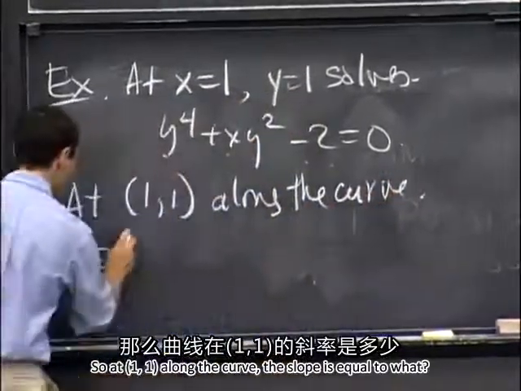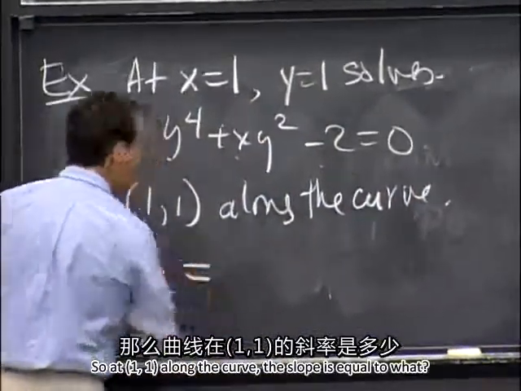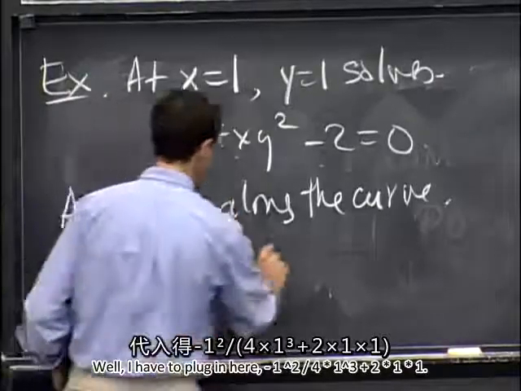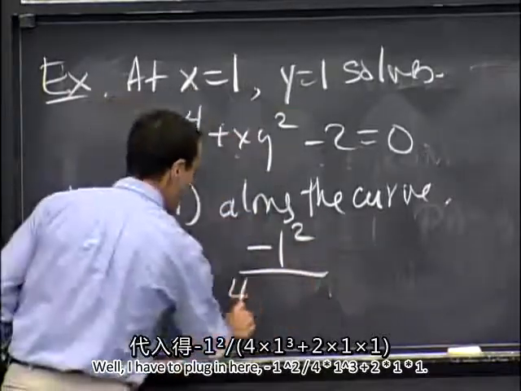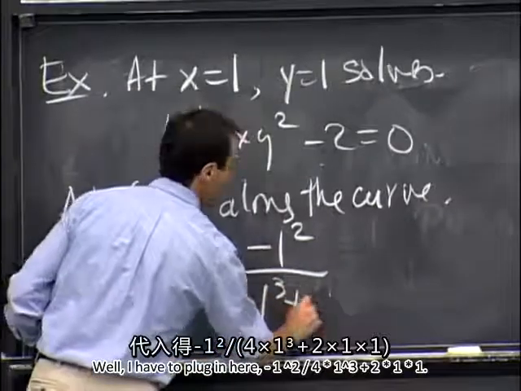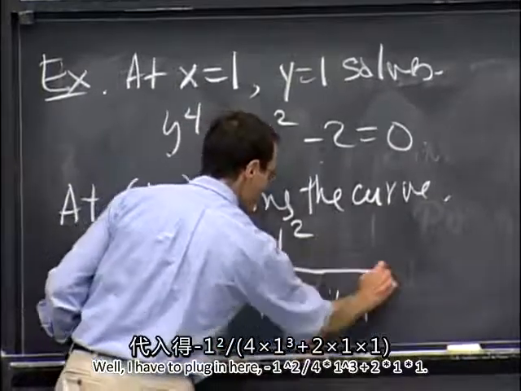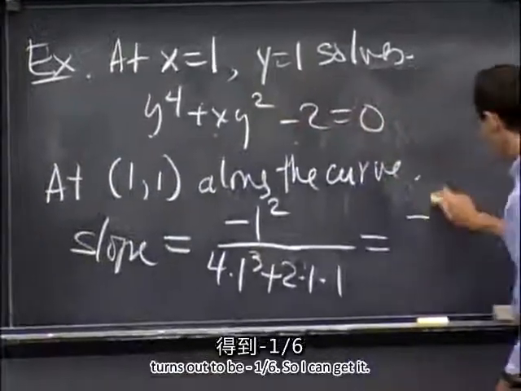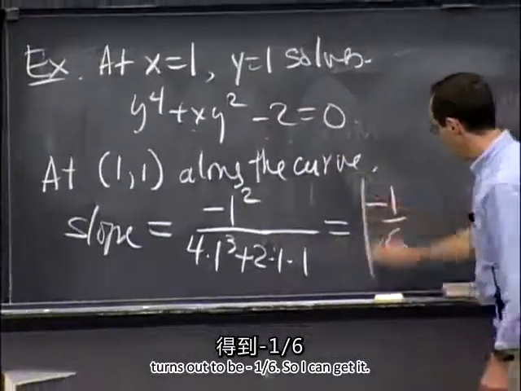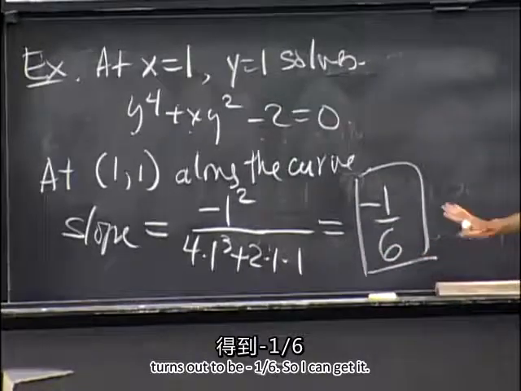the slope is equal to what? Well, I have to plug in here minus 1 squared divided by 4 times 1 cubed plus 2 times 1 times 1. That's just plugging in that formula over there, which turns out to be minus 1/6. All right, so I can get it.